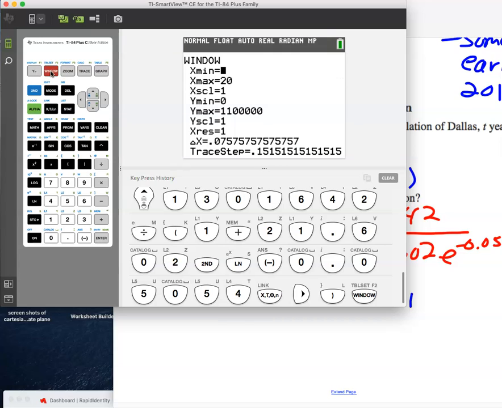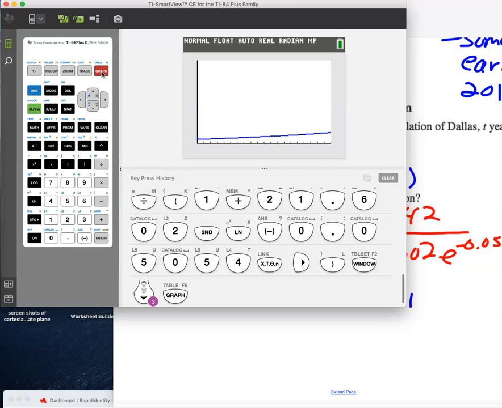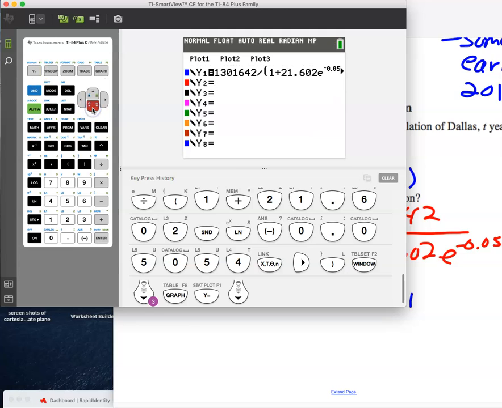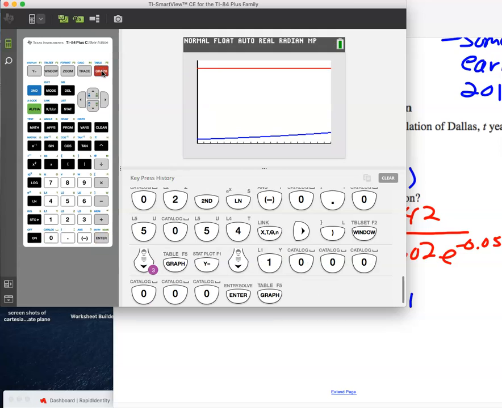And the window. 0 to 20 years, probably not a bad idea. And then we have to be able to see 1 million again. We won't be able to see the whole graph if we just go to 1,100,000, but we don't need the whole graph, so let's try graph. And let's go back and put that 1 million in for y sub 2. And boy, we've got a ways to go.